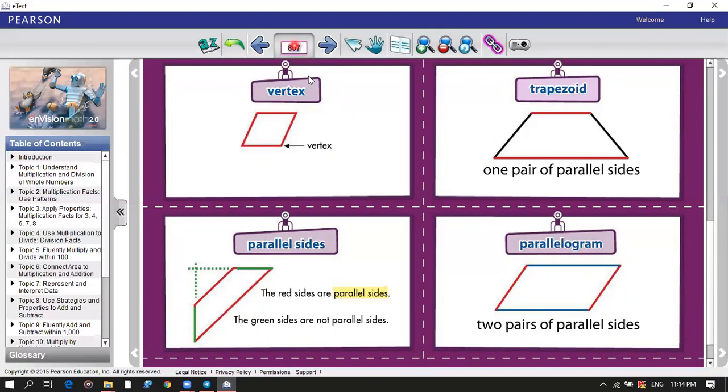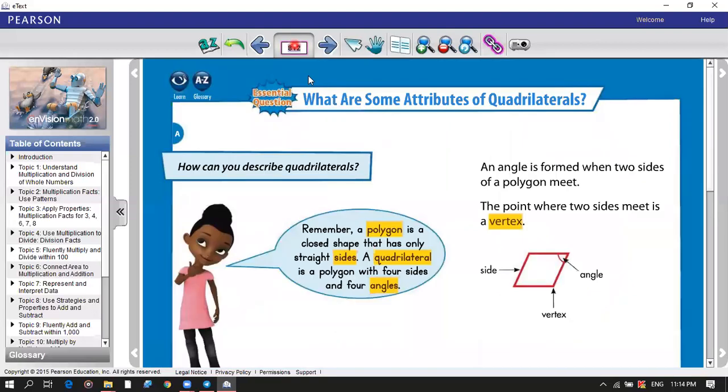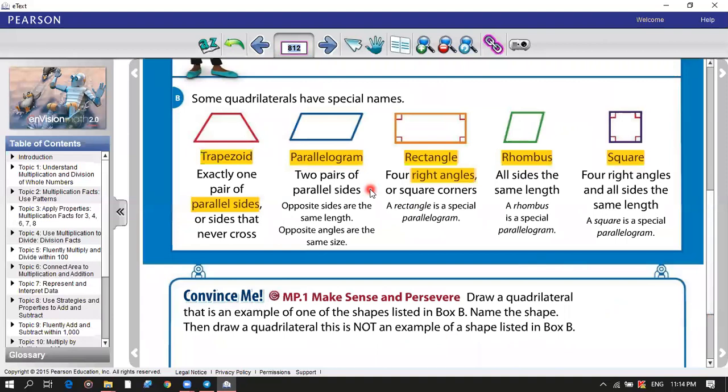Open page 812. Let's take a look at some quadrilaterals. Trapezoid.